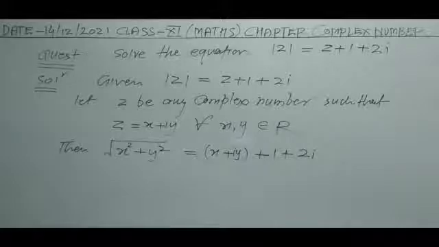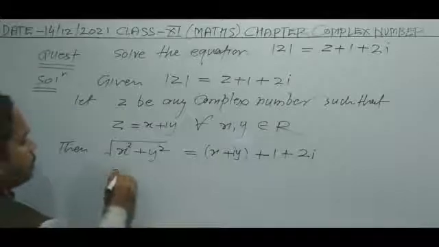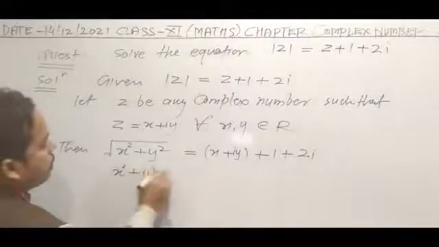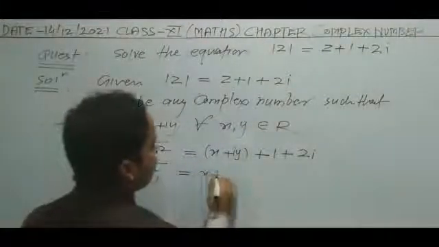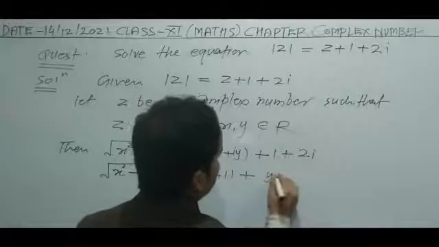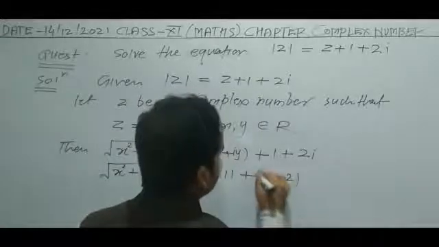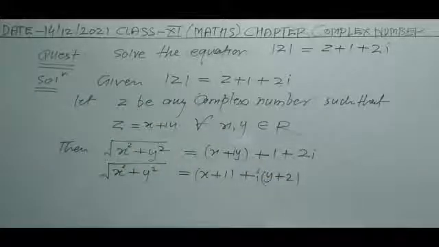So what result will I get in terms of x plus iy? The result will be root over x square plus y square is equal to x plus 1 plus (y plus 2) i.